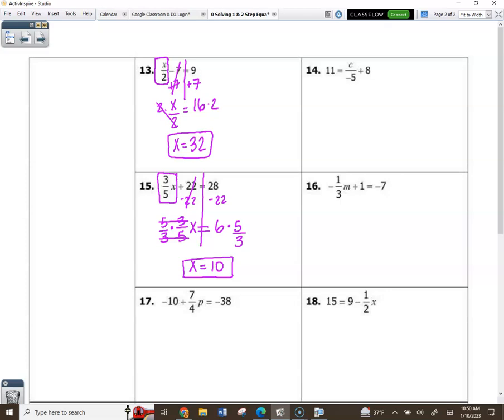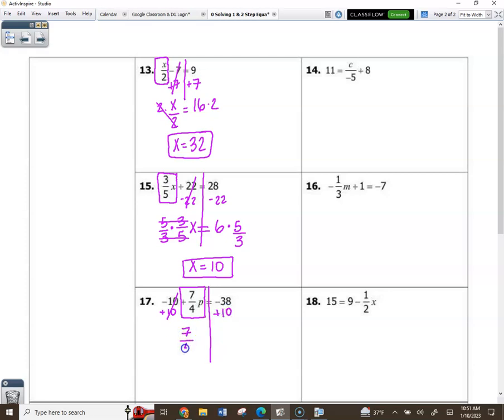Let's try 17. This is the term we need by itself. So notice I also closed in the plus sign because that goes to the 7 over 4. This minus 10 would move by adding. So we're going to add 10 over here.